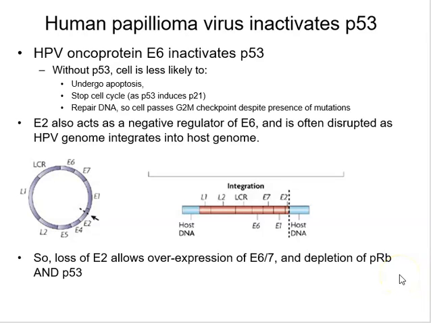You get no protein. And in cancers, you tend to have gene inactivation of the PRB coding gene called RB1 and the TP53 gene that codes for this protein. What the virus is doing is almost replicating what happens in normal tumour formation.